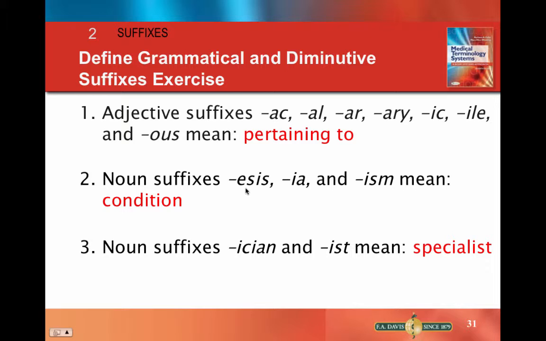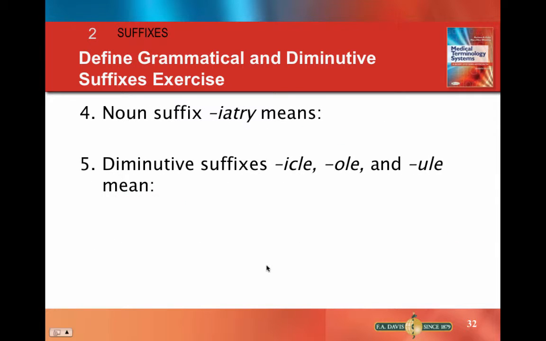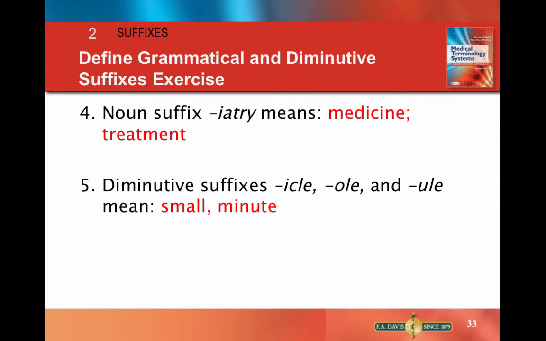Some nouns, osis, ia, or ism, all are conditions, and more noun suffixes, ician or ist, mean somebody that specializes in that area. So a physician or a physicist, they specialize in that area. Medicine or treatment would be eutic, and once again the small diminutive would be icle, ole, ol, and ule.